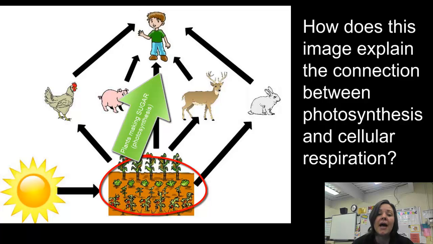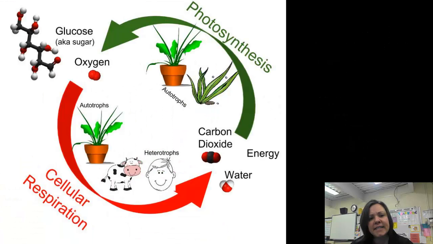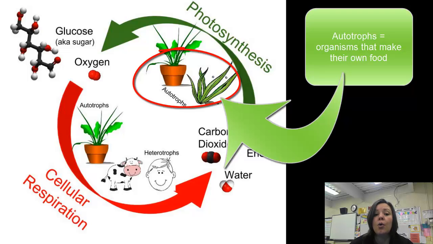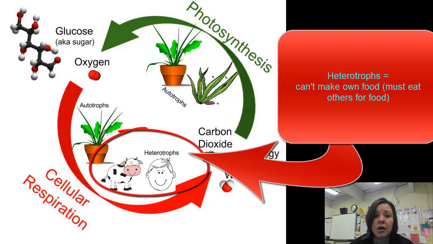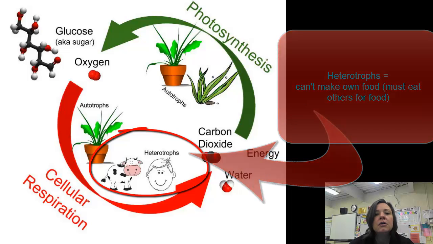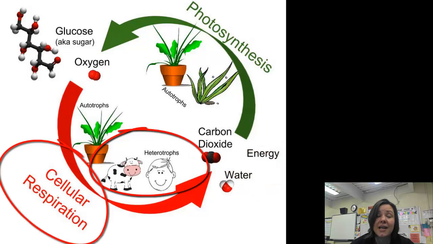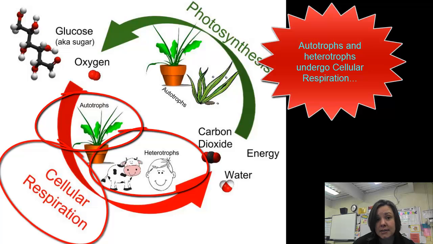We rely heavily on plants. The one thing I didn't stress today, and want to stress right now, is that if you take a look at this image, you can see that autotrophs, or organisms that make their own food, do photosynthesis. But I want to make sure we understand that heterotrophs, which are organisms that eat or consume their food, do cellular respiration, but so do autotrophs, or plants.